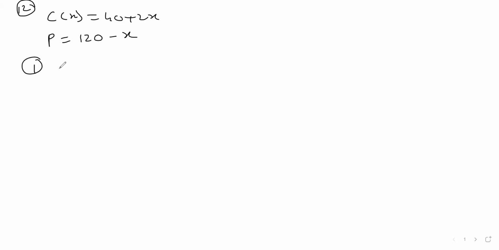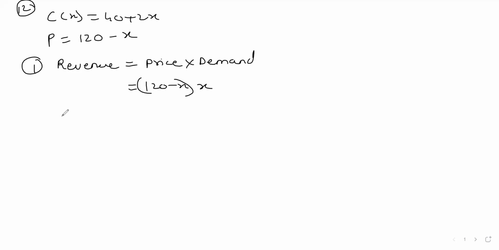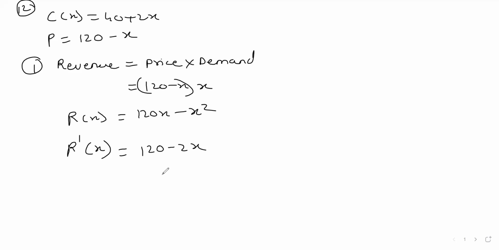Now we'll first find out the revenue function. Revenue is price into demand. The price is 120 minus x. Demand is for x units. So revenue function will be 120x minus x square. Now we want the revenue function to be increasing. So we'll first find out the derivative. It is 120 minus 2x.